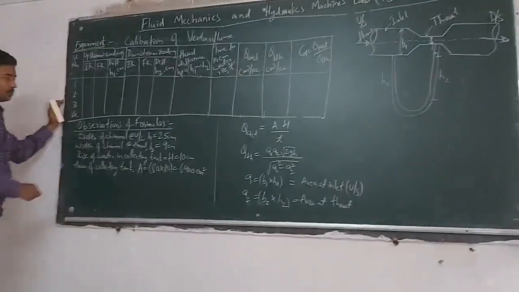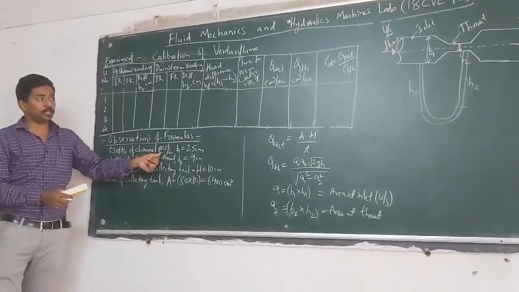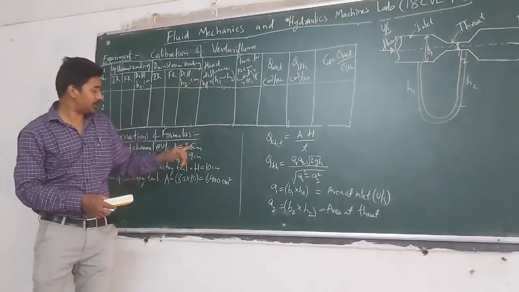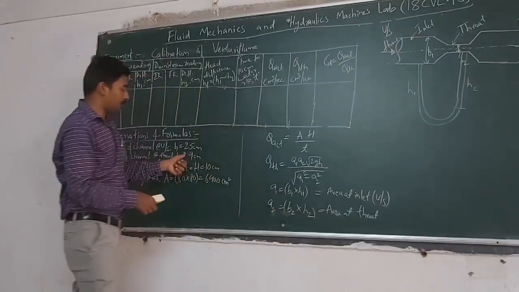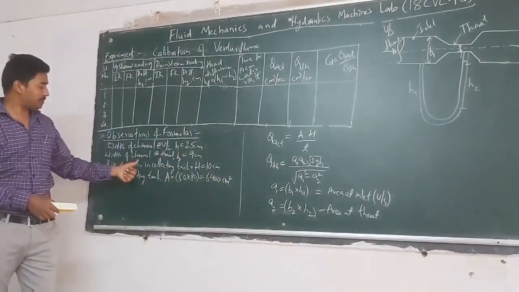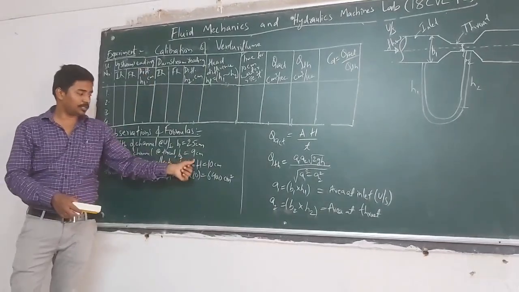The initial observations are, firstly, the width of the channel at the upstream or inlet, B1, which is 25 cm, and the width at the throat, the reduced diameter, B2, which is 9 cm.